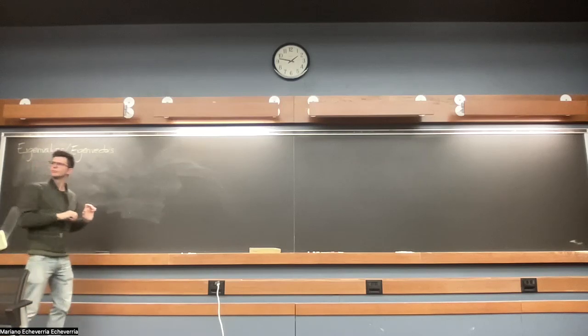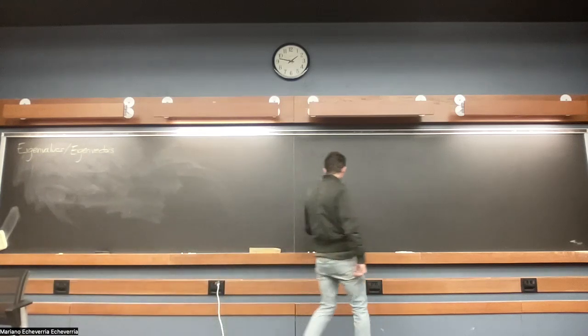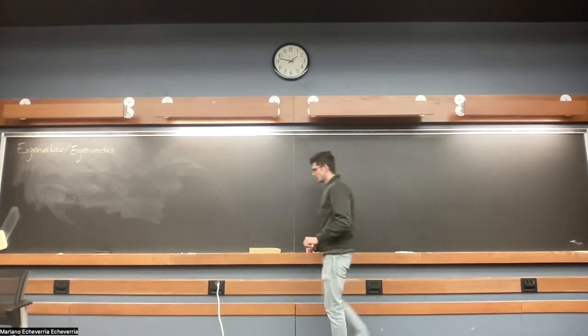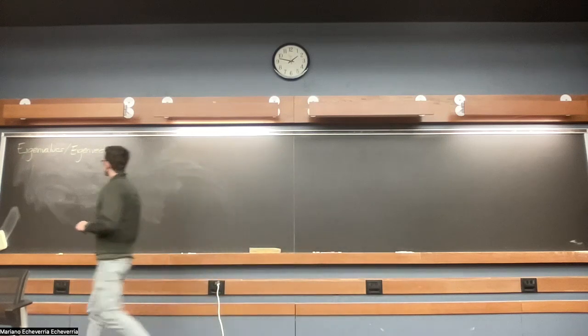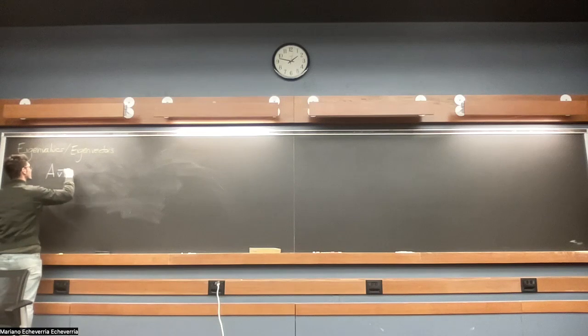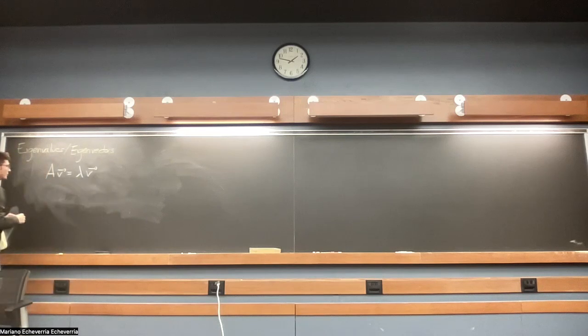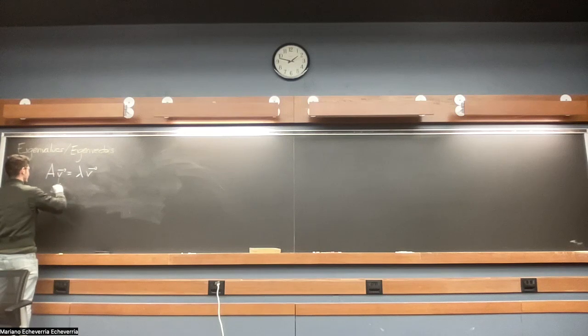Everyone is fine. Okay, so the idea of an eigenvalue eigenvector is that you have a matrix, and you multiply it times a vector, and it just gives you a rescaled version of the vector. So Ab equals lambda b, that's the fundamental equation for an eigenvector, right?